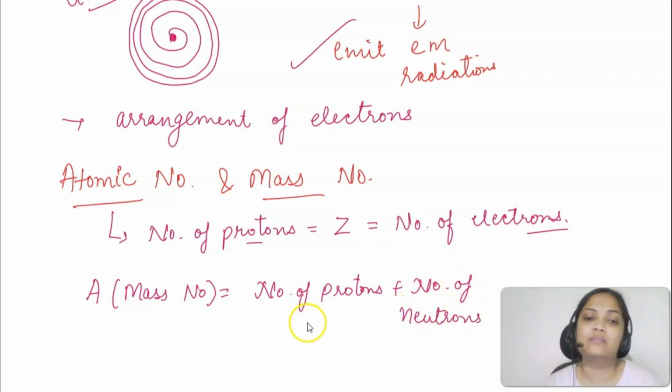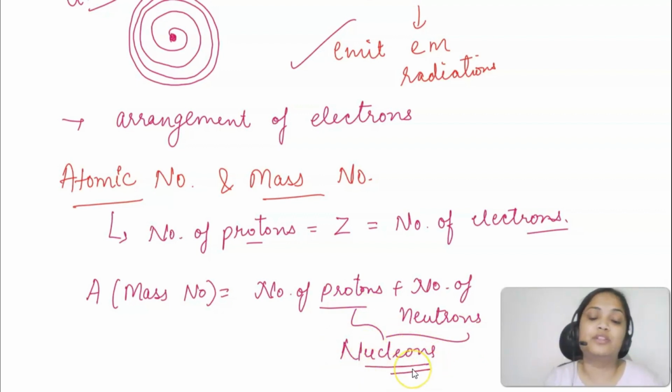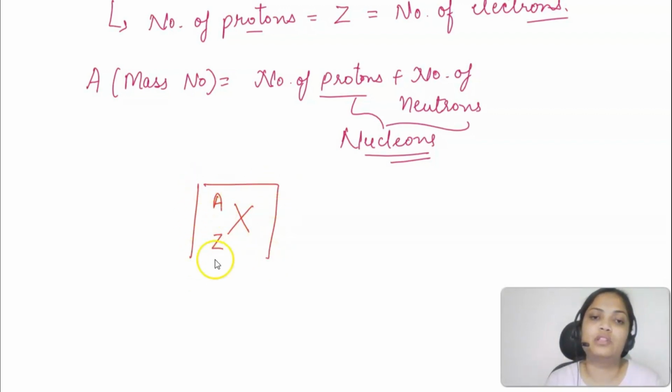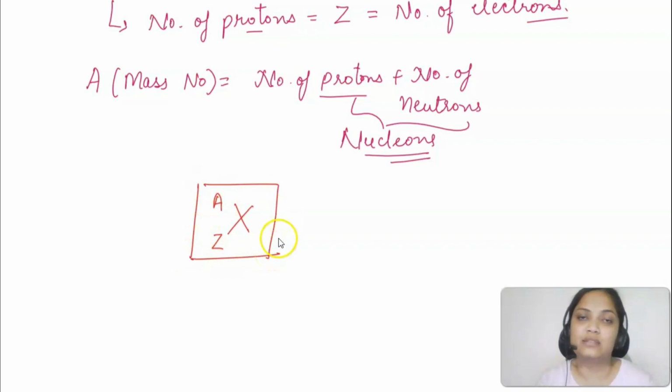Okay, इसको हम mass number कहते हैं, which is denoted by A. All right, and so we call them nucleons also. You will see that these are present in the nucleus, so we call them nucleons as well. So if I want to represent any atom, so उसको हम represent करेंगे, X will be the symbol, Z is the atomic number, and A is the mass number. So this is how we are going to represent an atom. Okay, so atomic number in the subscript and mass number in the superscript.